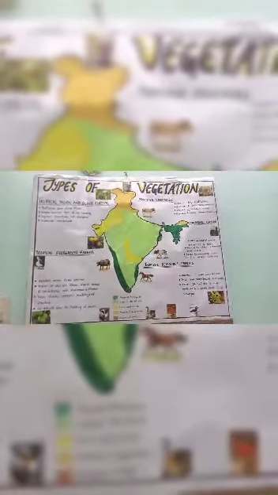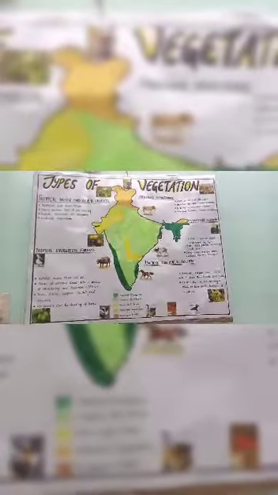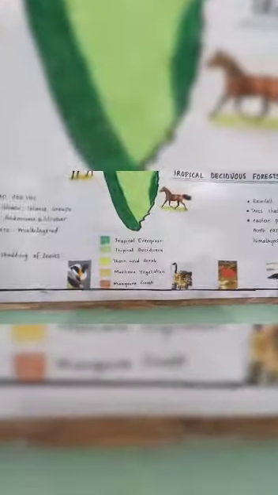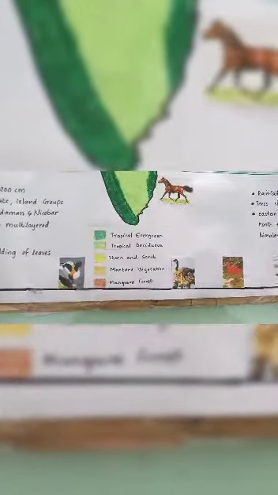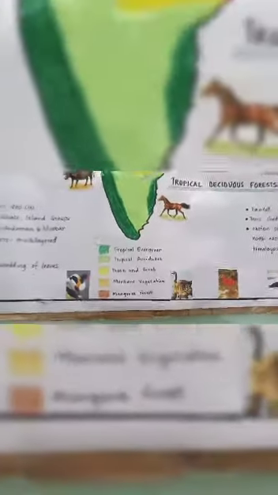Here in the video, you can see how the thematic map represents the types of vegetation seen in different parts of the country. At the bottom of the map you can see the legend, the colors which symbolize each of the forests seen in different parts of the country.